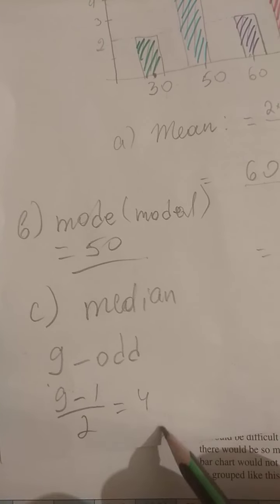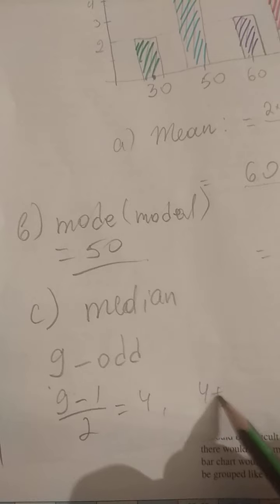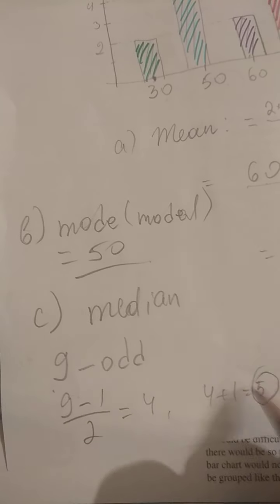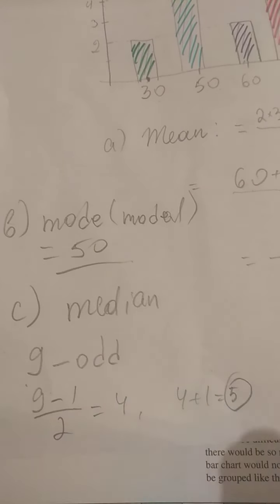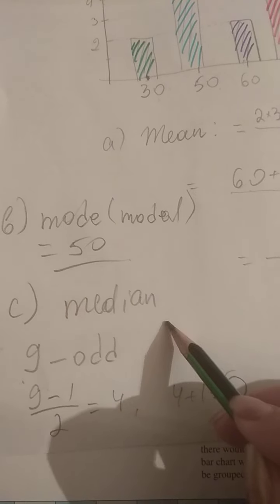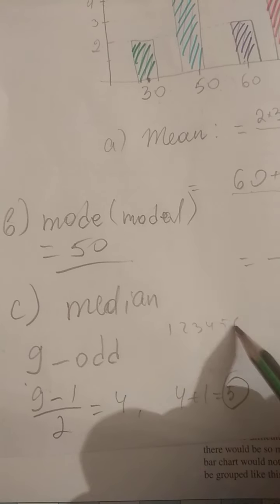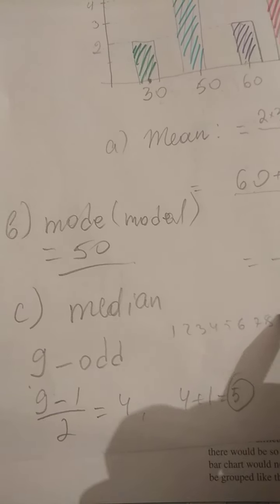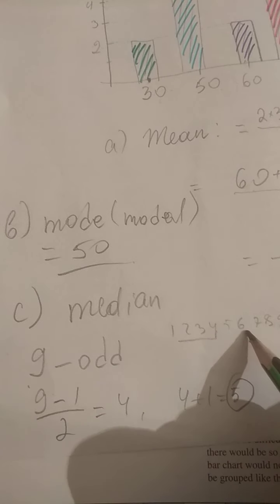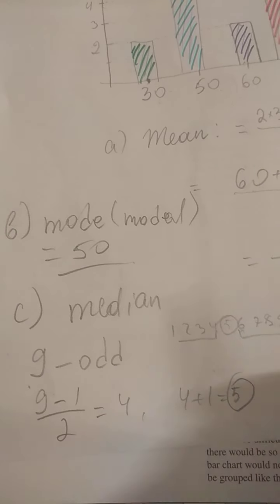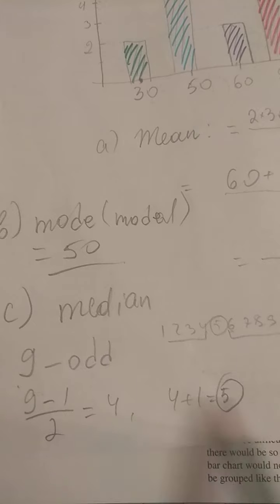Then 4 plus 1, then add 1. There is no difference, just 4 plus 1 is equal to 5. This means 5 is the middle one. Let us check. 1, 2, 3, 4, 5, 6, 7, 8, 9. So 4 and 4 here. Did you see? The middle one is 5. So that method is always true.